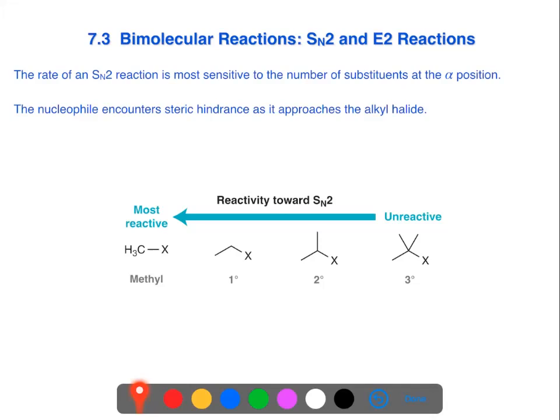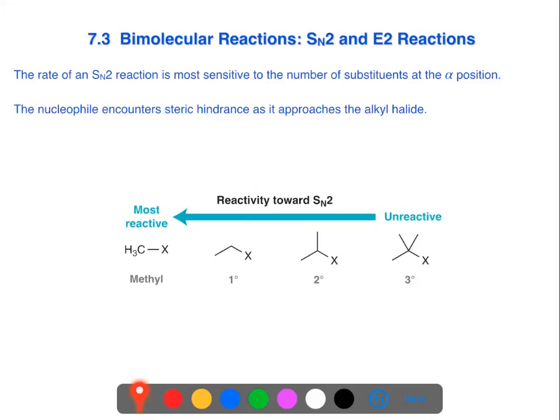Now, as you can see in this diagram, the most reactive alkyl halides are the methyl halides, followed by the primary alkyl halides, secondary alkyl halides, and the least reactive, or in many ways, the unreactive species for alkyl halides are the tertiary.